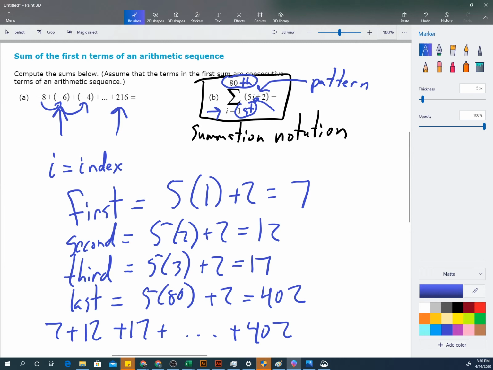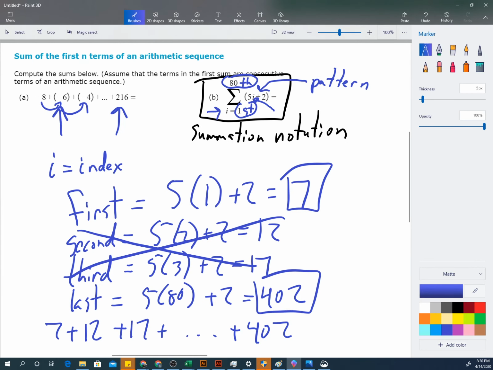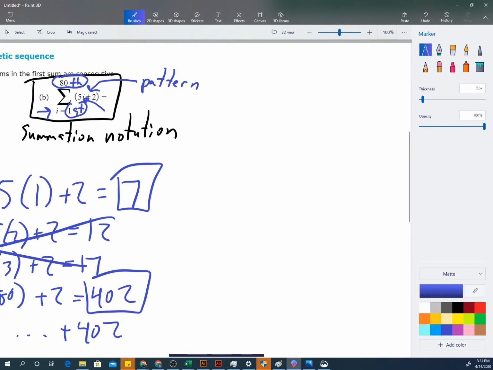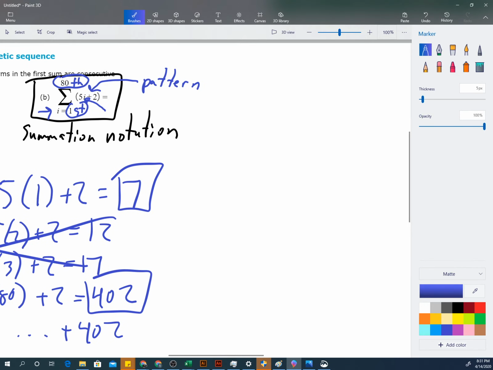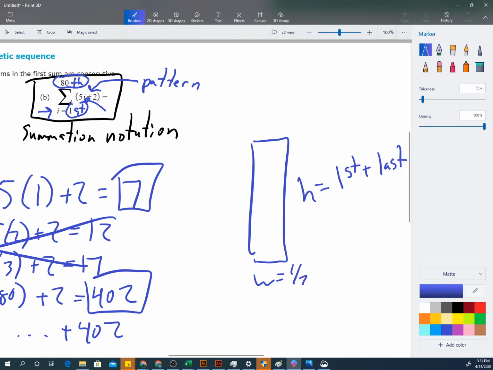Now, I don't really need to know any of my middle terms. All I really need, remember, is my first and my last term. So now I remembered in my rectangle, the height was the first plus the last term, and the width equaled half of the total number of numbers.